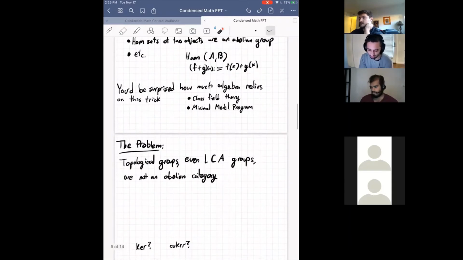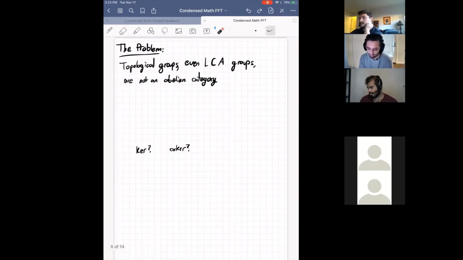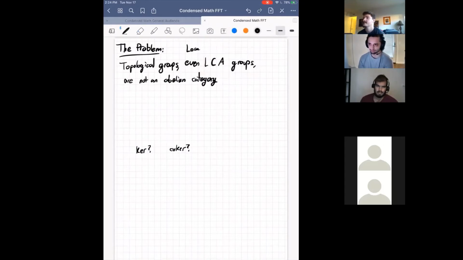So I want to think about topology, I want to think about analysis, and I want to think about topological groups. The groups that I want to talk about today are going to be LCA groups. By LCA, I mean locally compact abelian groups.